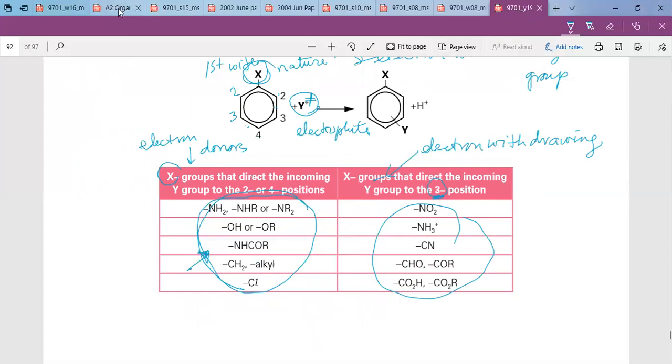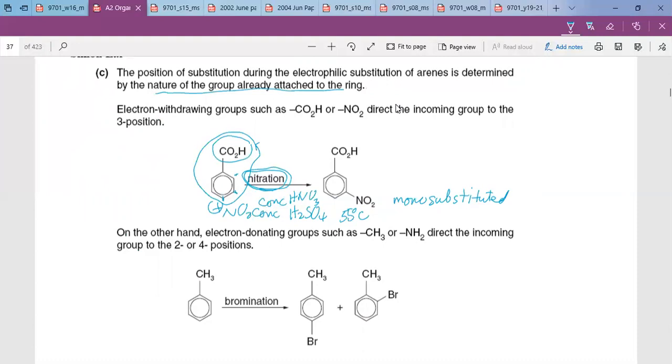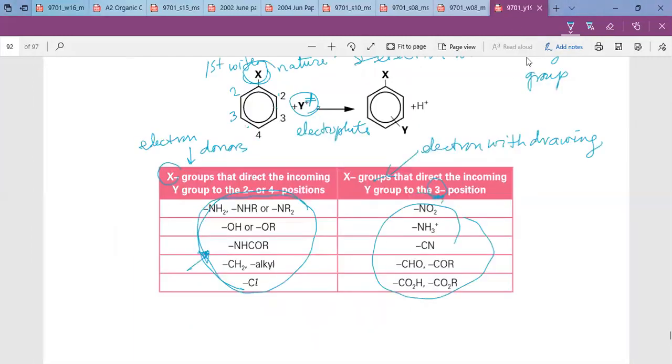So they tell you here: electron withdrawing groups. These two are your carboxyl, as in benzoic acid, and your nitro. These are your first wife. You can see here, NO2 and carboxyl. Here got more.